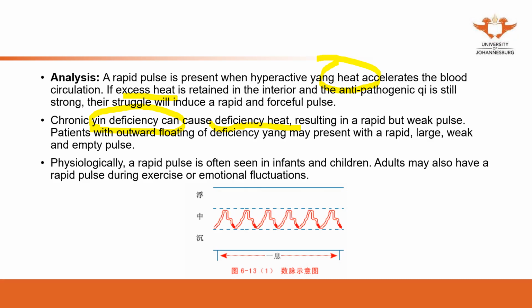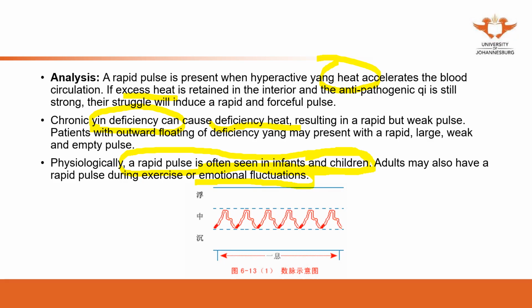A rapid pulse is often seen in infants or children. So that's something we have introduced before. For kids, their heartbeat is always faster at a certain age. Adults may have a rapid pulse during exercise or emotional fluctuations.